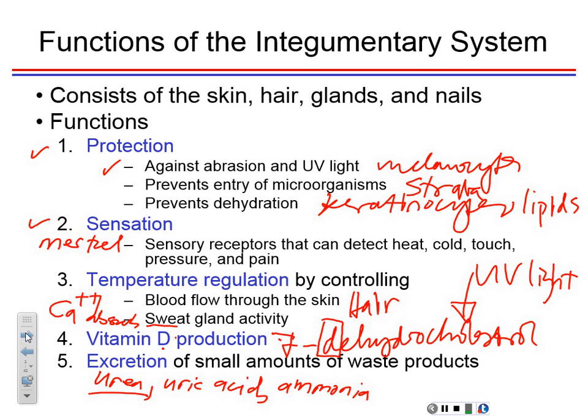And a bit of salt. That's why your sweat tastes salty. If you ever went out a little bit and it goes into your mouth, you taste it. That's because a little bit of salts are also gotten rid of. But the excretion is really one of the minor functions of the integumentary system.